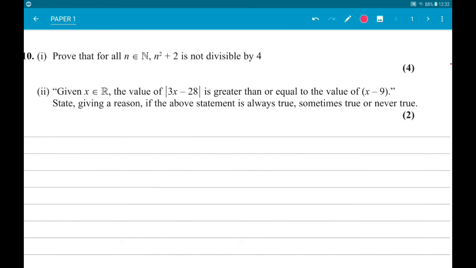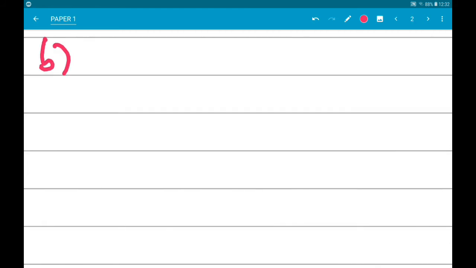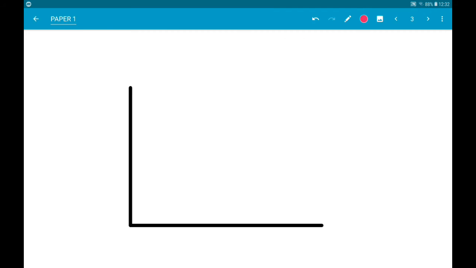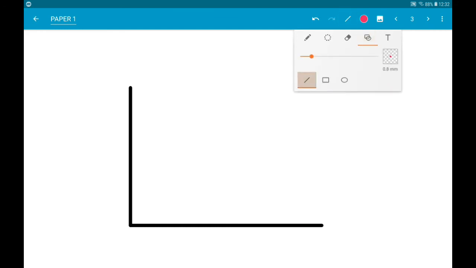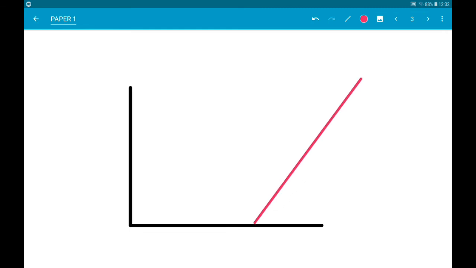So, I'm going to do this thinking about their graphs. So, y is x minus 9, a straight line like that, which hits the x-axis at 9.